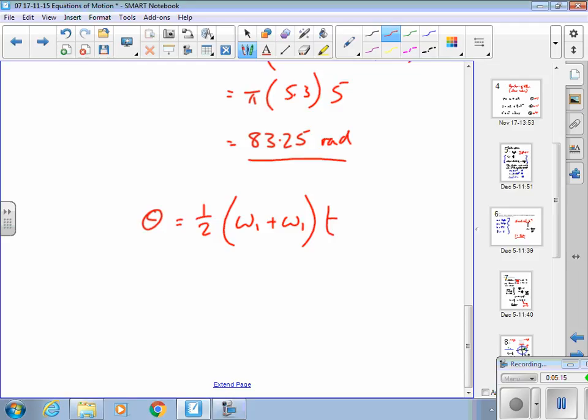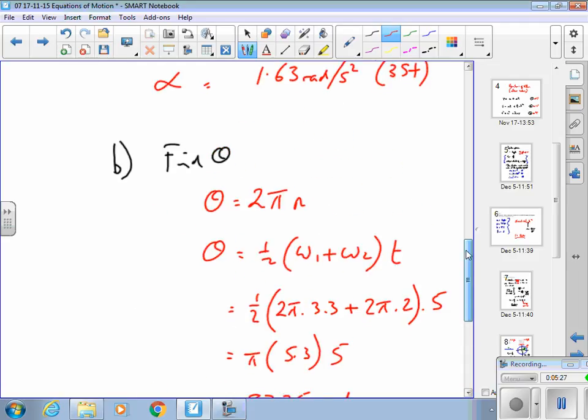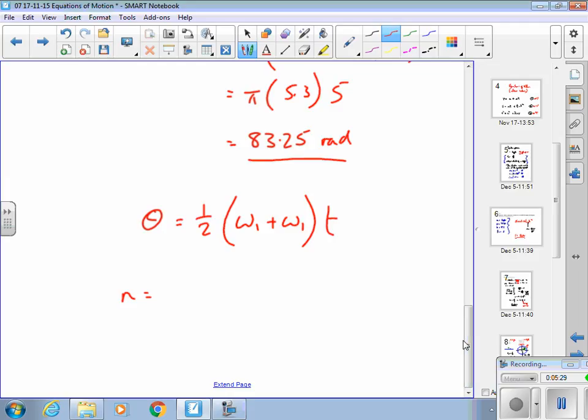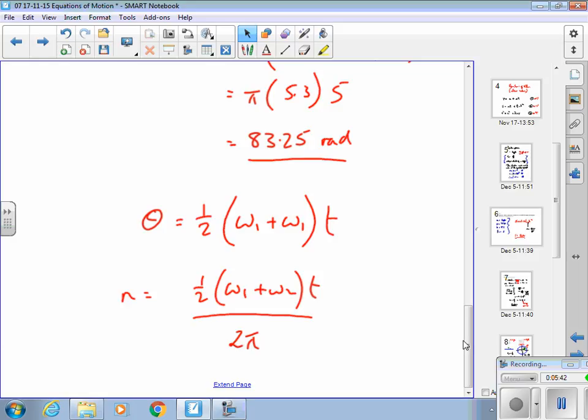We know omega 1, we know omega 2, and we know the time. So n equals theta over 2 pi. So it's going to be a half, omega 1 plus omega 2, t, over 2 pi. I could write it like that. If you want to, you can work it out at each stage.